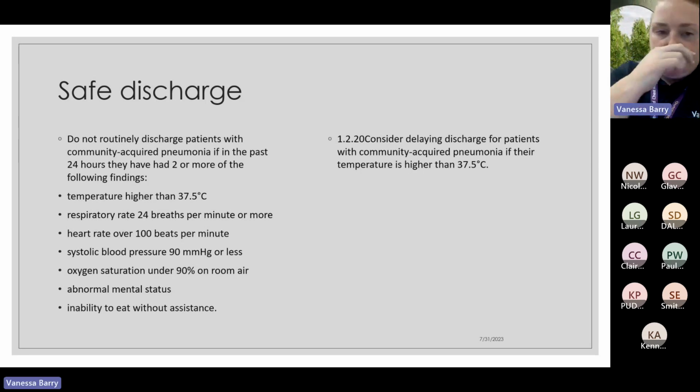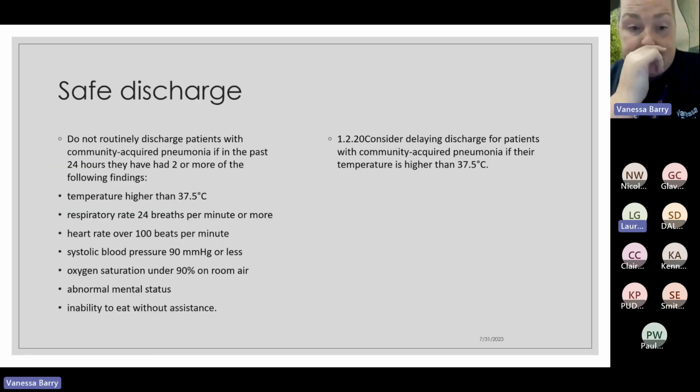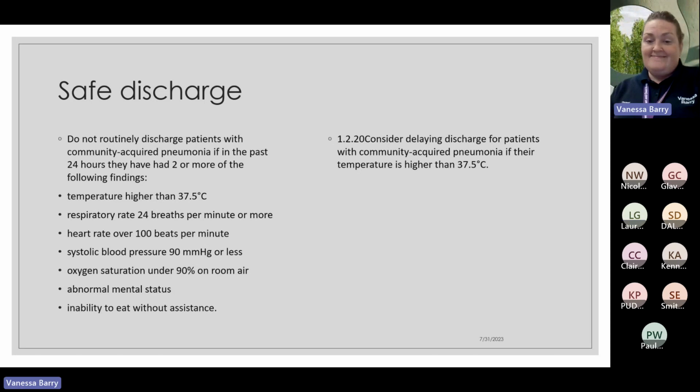So for me, I think it's just dependent on the patient as well. Yeah, definitely. Like your respiration rate, and a lot of our COPD patients are a lot higher. Yeah, I think it's just case by case, really, isn't it?